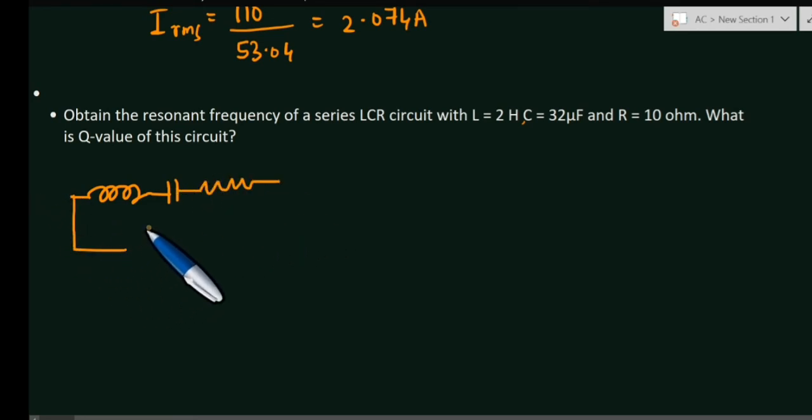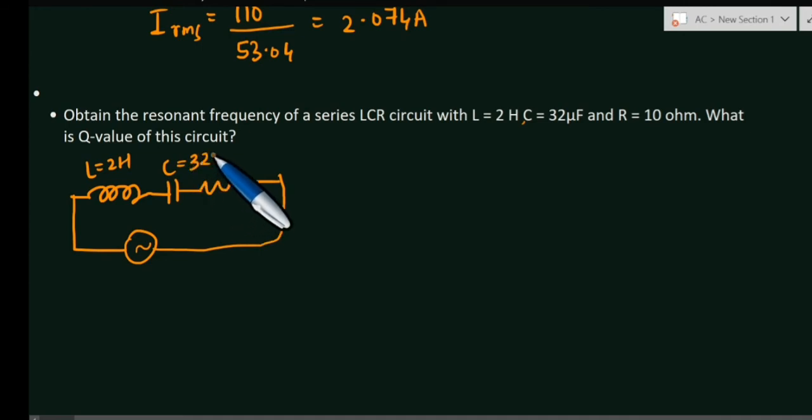It is connected to an AC source. Here the value of L is given. L is equal to 2 Henry and C value is equal to 32 microfarad and R is equal to 10 ohm. What is the Q value of this circuit? What is the value of Q?